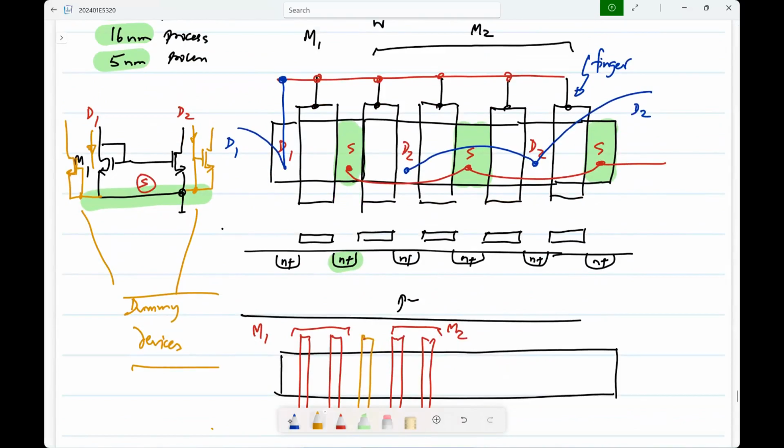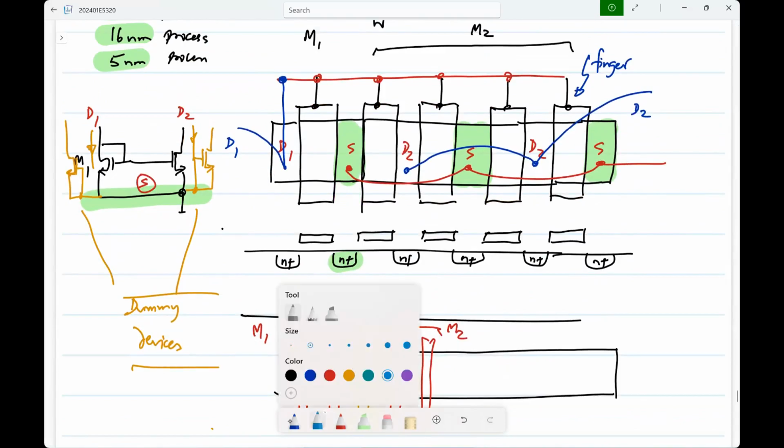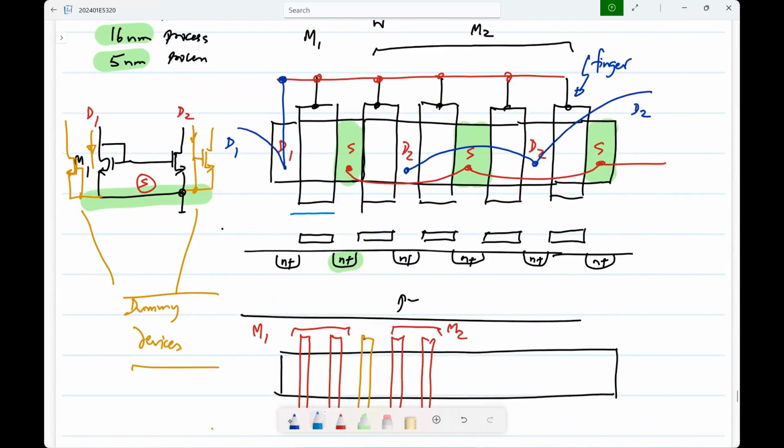So the current would be flowing this way here, there, there, there. So M1 has current flowing from left to right, whereas M2 has 2 fingers with current left to right and 2 fingers with right to left. So you can expect some mismatch also. To match exactly to M1, you should have had 4 fingers all with currents from left to right.